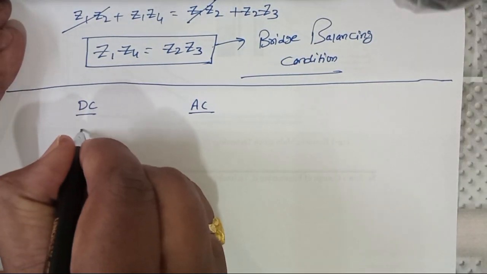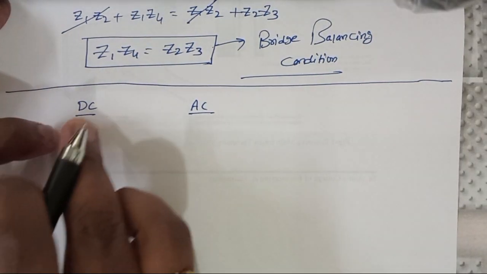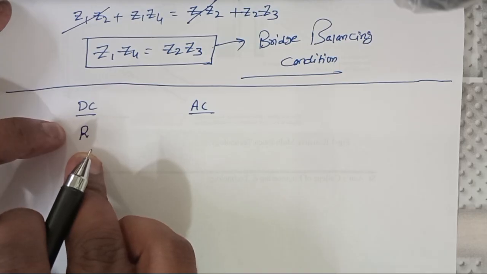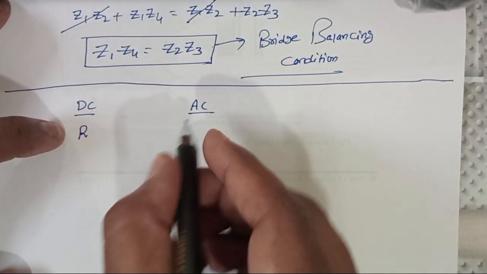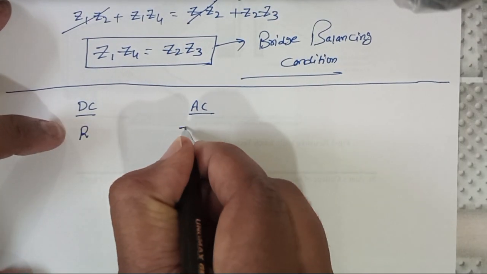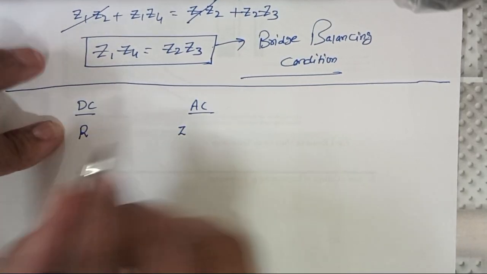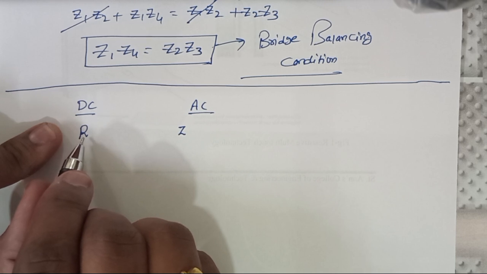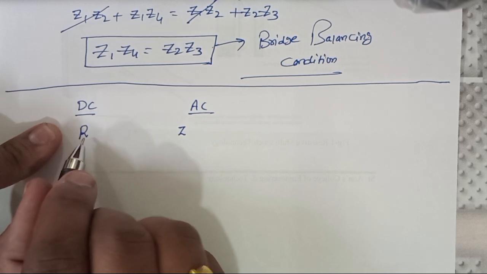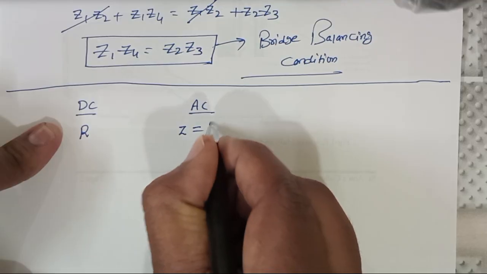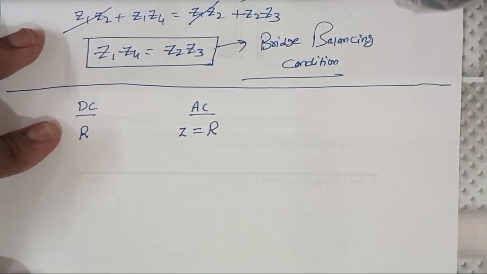In case of DC, resistance is represented as R. In case of AC, it is represented as Z. When we have a resistor in any arm, the impedance is equivalent to the resistance.